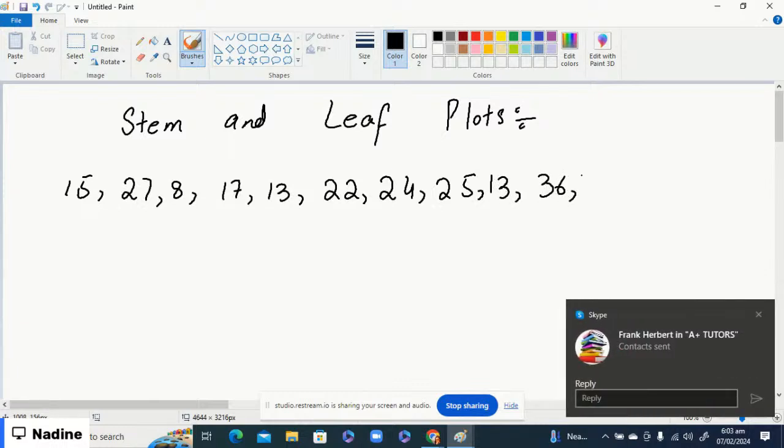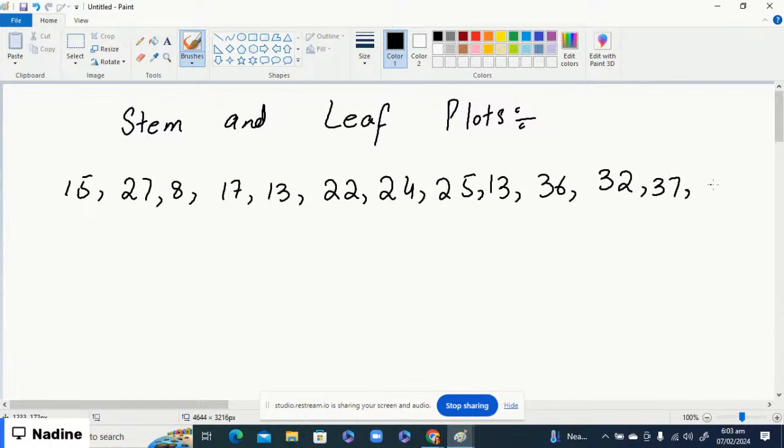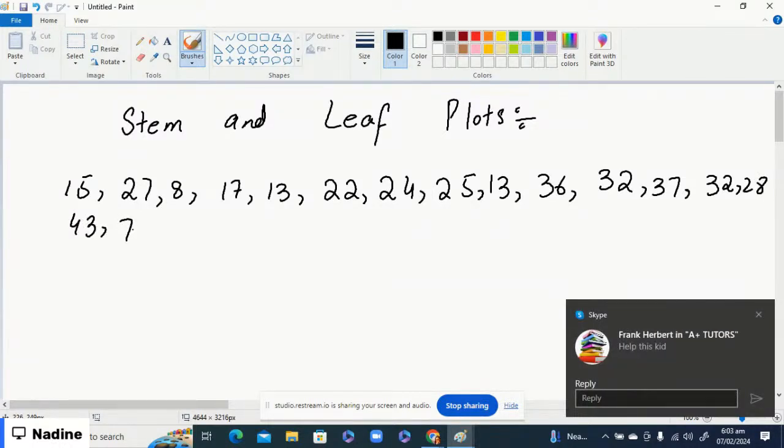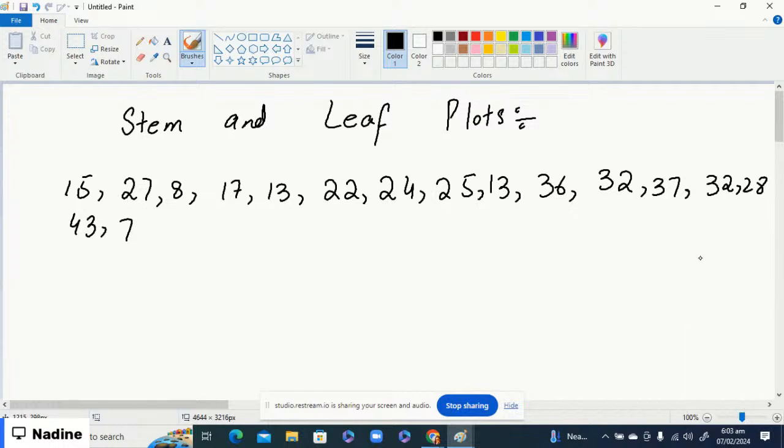I'm just going to use this data: 36, 32, 37, then again 32, 28, then 43 and 7. First we write it out for the 0. Are there any numbers which have only one digit? Yes, that is 7 and 8. So for the 0, that is 7 and 8.